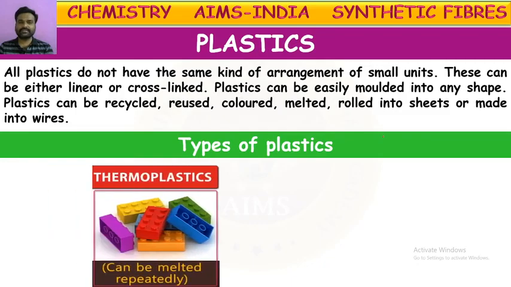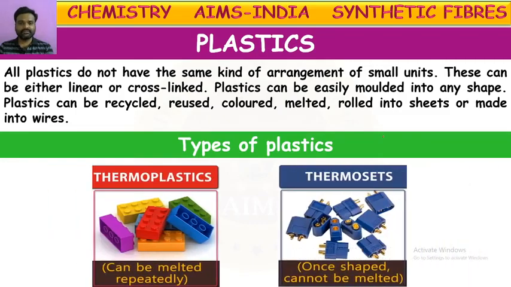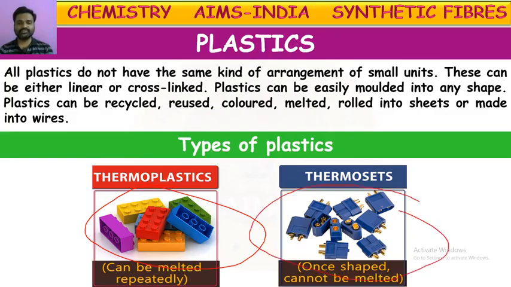What are those two types? Thermoplastics and thermosetting plastics. Thermoplastics can be remolded, meaning they can be melted, reshaped and reused. Whereas thermosetting plastics, once formed, cannot be recycled.